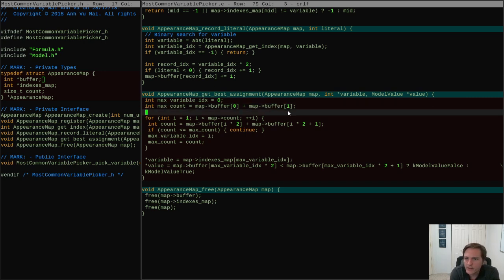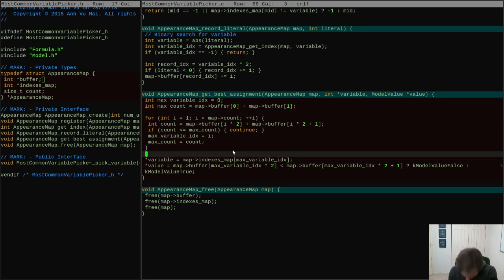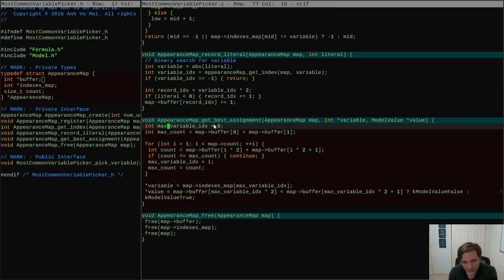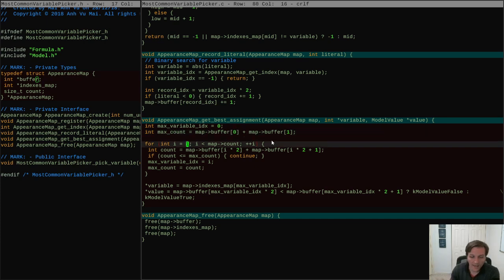What is get best assignment doing? So a map comes in. We're probably going to be sending out a variable and a value. And so this must be where the heuristic is showing up. So max variable index equals 0, max count, okay, so we're going to be scanning over all of the variables. So we have this count, right?